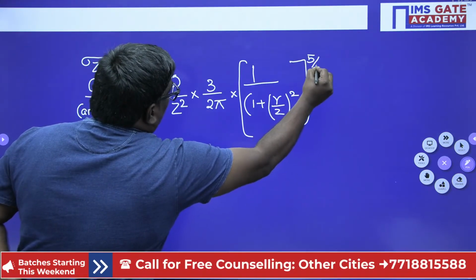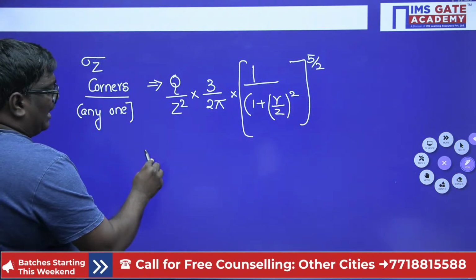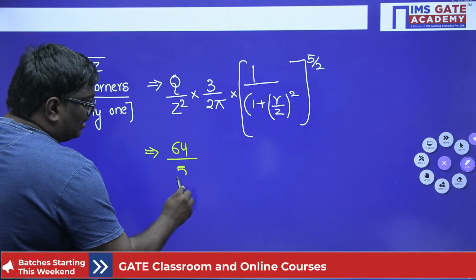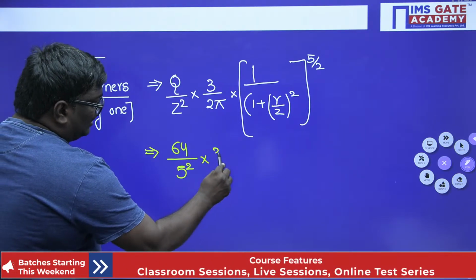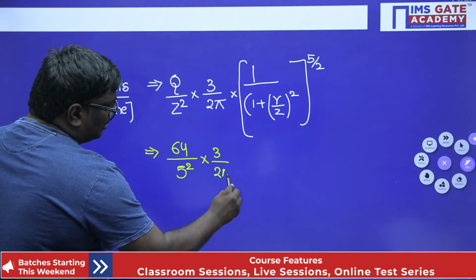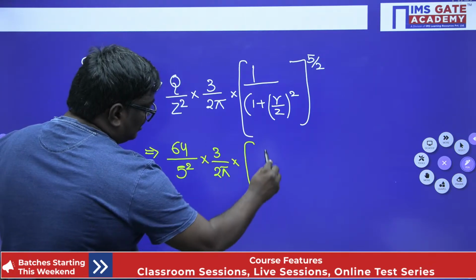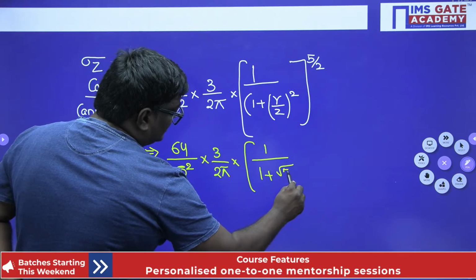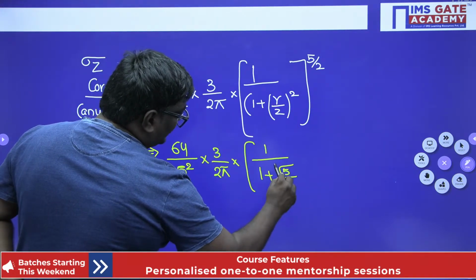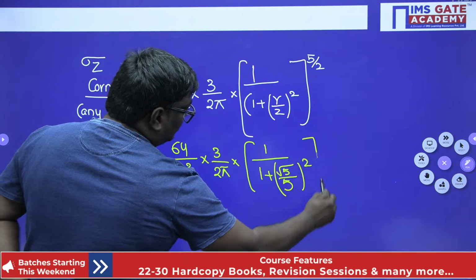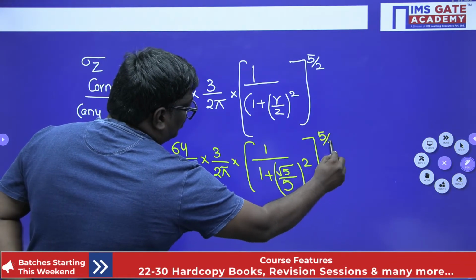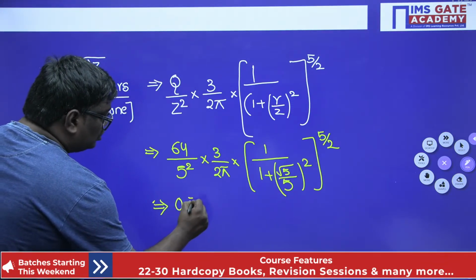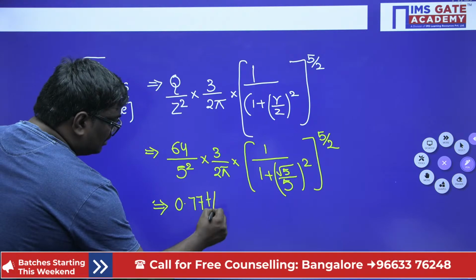So, my dear students, Q by z square is 64 tons, z is 5 square, into 3 upon 2 pi, into 1 upon 1 plus, what is the value of the radial distance? Root 5 upon z, which is 5, square, whole power 5 by 2. If you solve this, you will get a value of 0.77 ton per meter square.